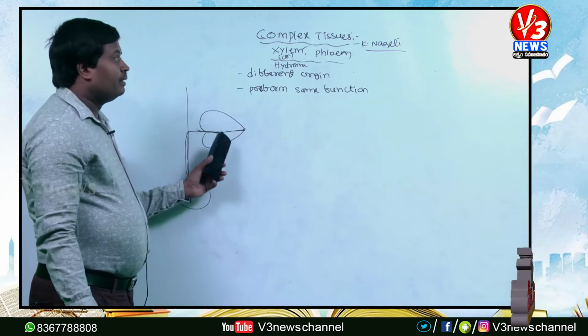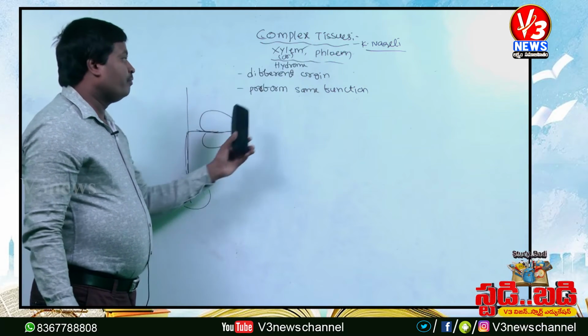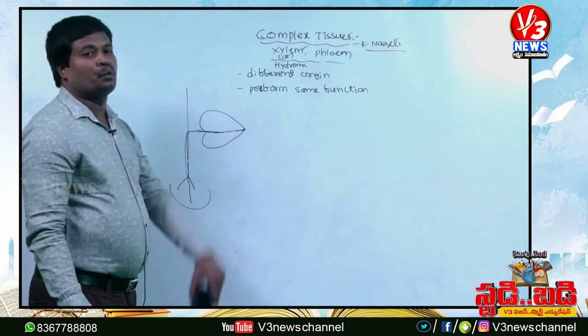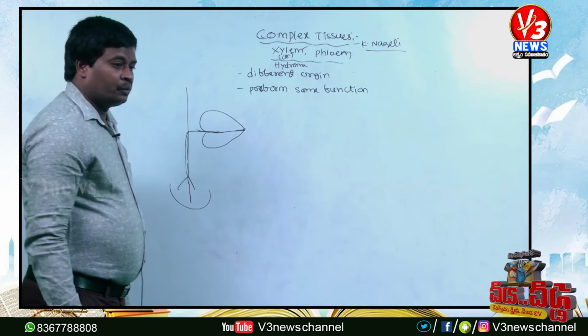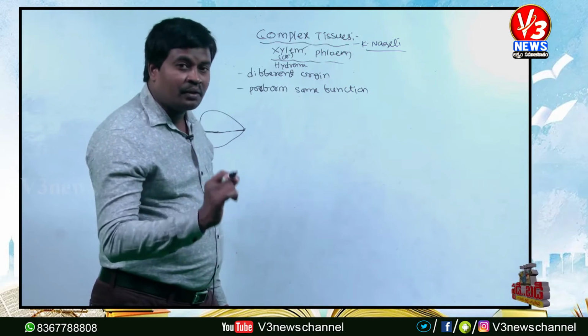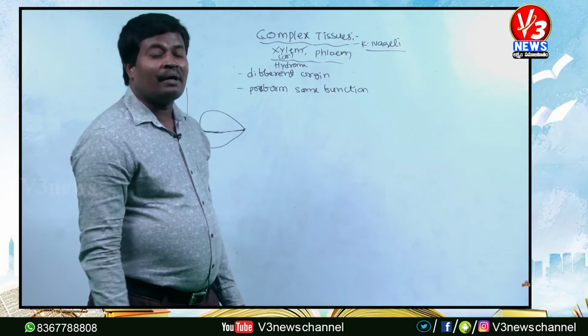That food material is conducted by phloem in the form of sucrose. Very important, sucrose. Phloem conducts food material in the form of sucrose.